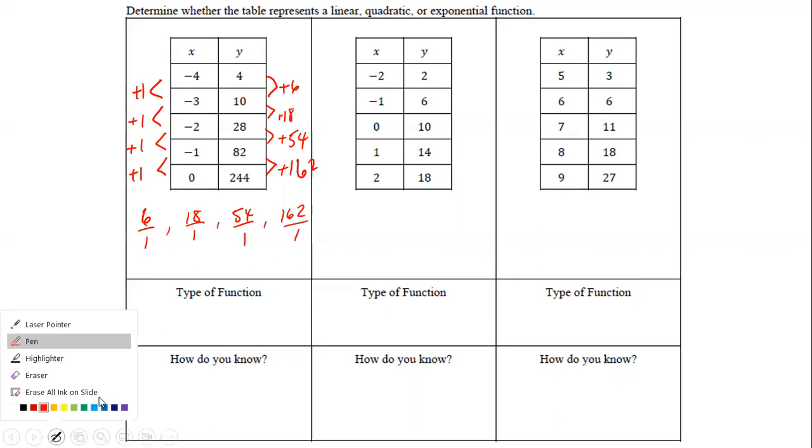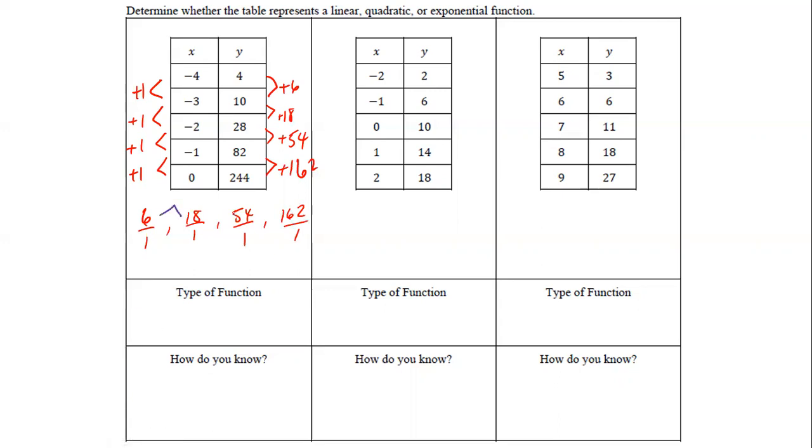Is there a relationship between my ratios? How can I go from 6 to 18? Times 3. How can I go from 18 to 54? Times 3. How can I go from 54 to 162? Times 3. So if there's a constant ratio of change, what does that mean I have?